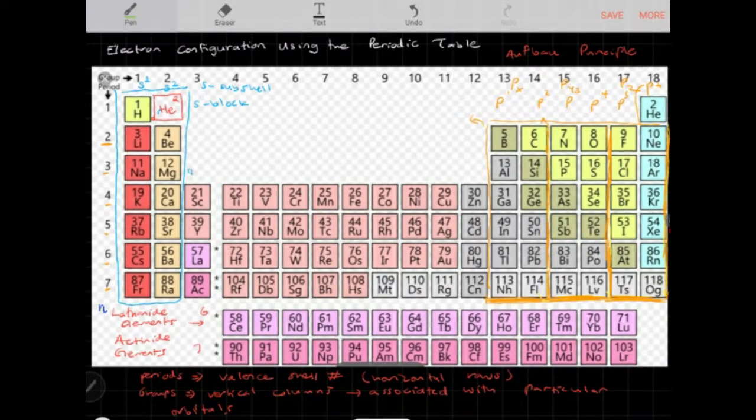So the next block we're going to be looking at is the D block. Now the D block extends from here all the way down to here. Okay, so all of this is the D block, right?